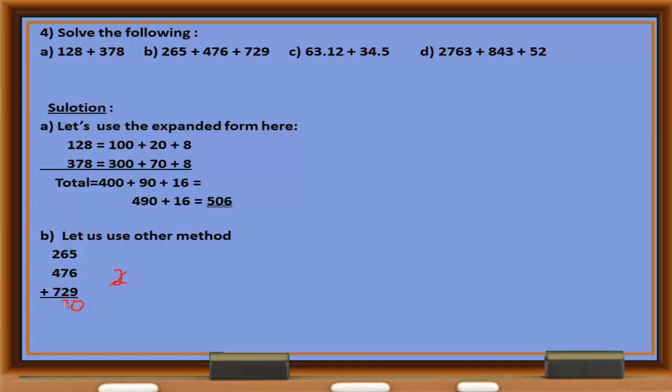Therefore, we write 7 here and we put here 1. 2 plus 4 is 6. 6 plus 7 is 13, plus this one is 14. And we count 3 digits from the right, 1, 2, 3, and we put here a comma. Then the answer is 1470.